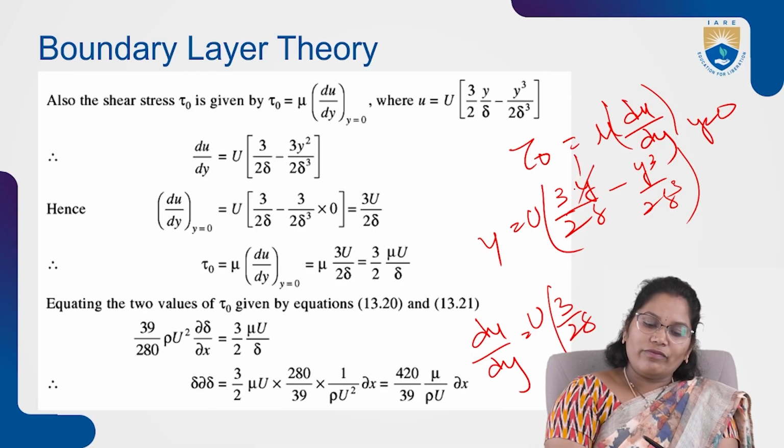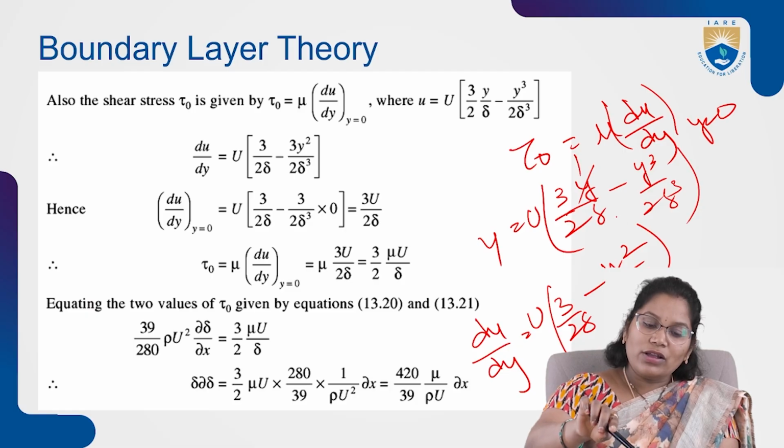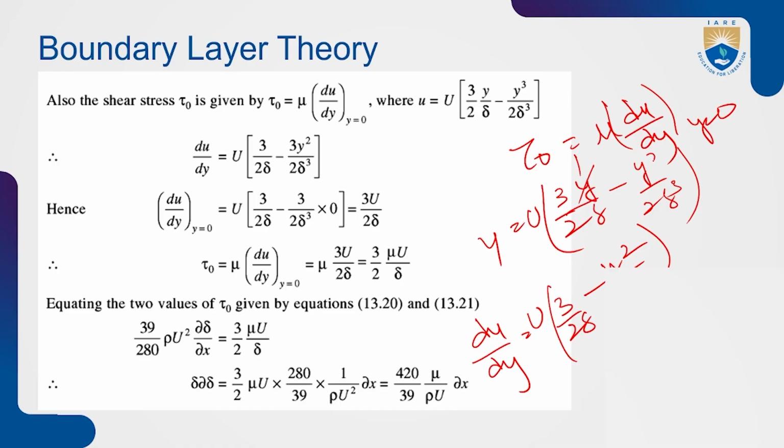Du by dy is equal to U, which is constant, times 3 by 2 delta. This will become 1 when you differentiate, and this will become y square by delta cube. Only y square, y cube differentiates to y square, sorry. So 3 y square by 2 delta cube. Right? This is what we got here.